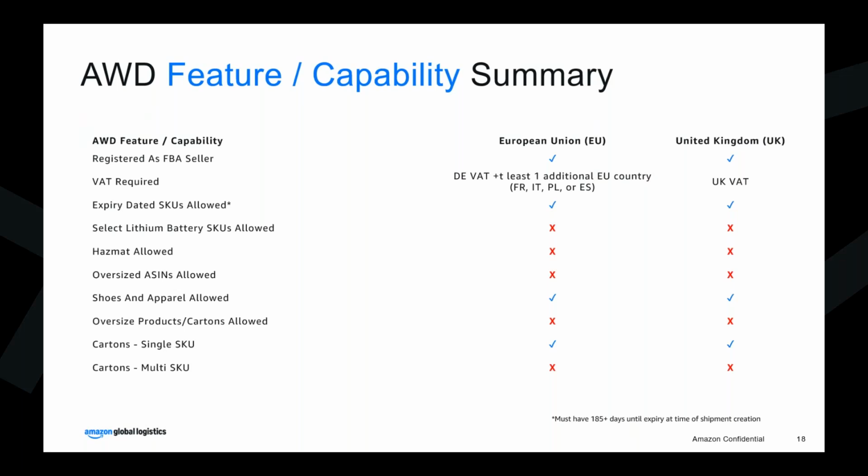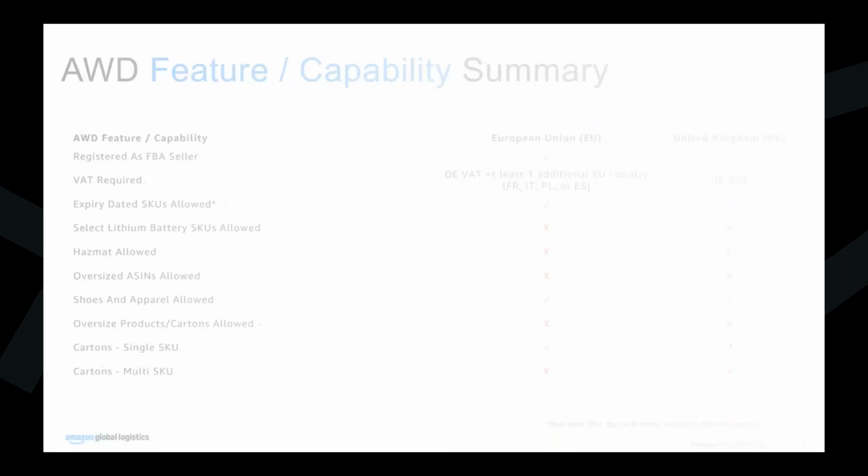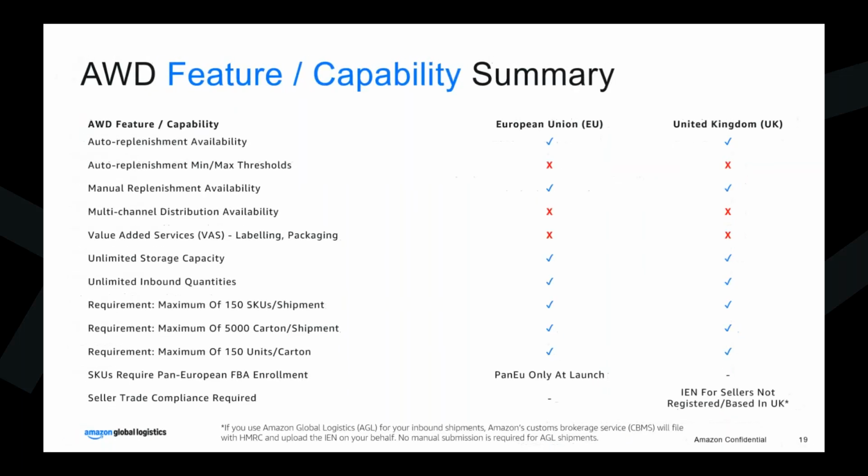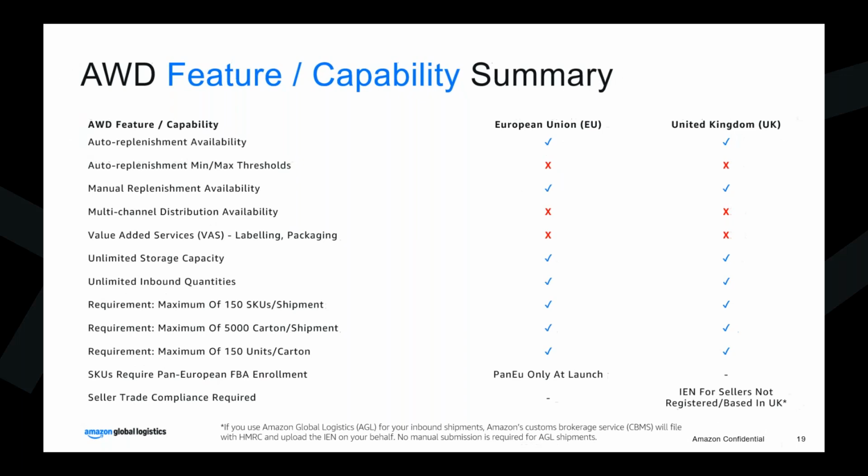And here also really important, only single SKU cartons are allowed for the time being. So please do not do multi SKU cartons and stick to the single SKU cartons with the AWD for both EU and the UK marketplace.